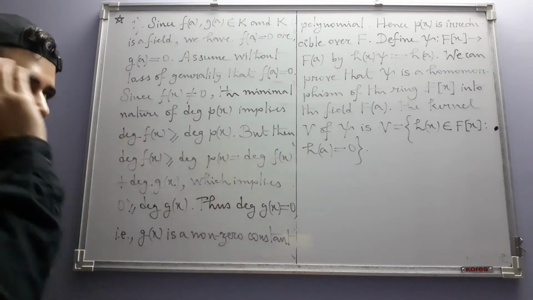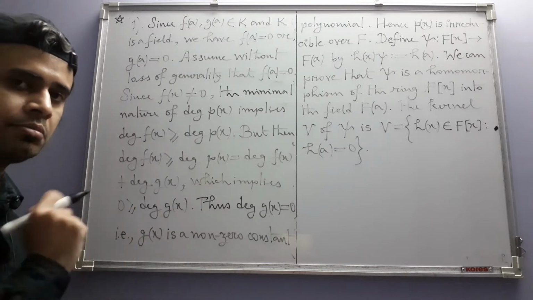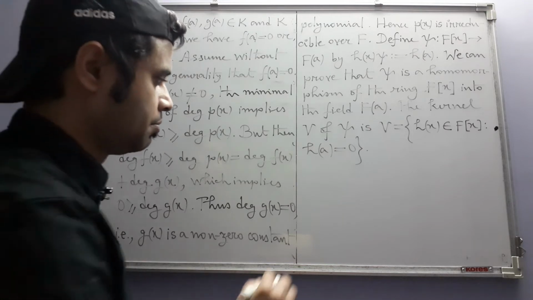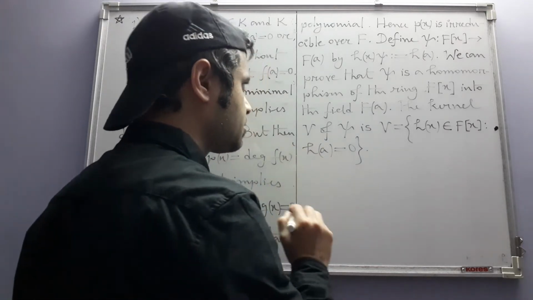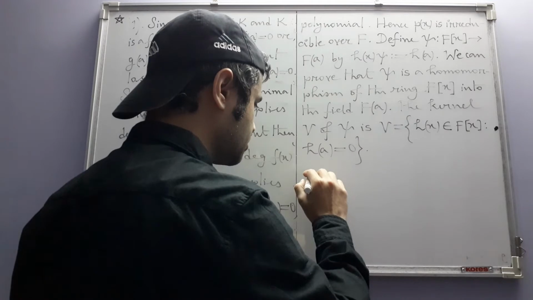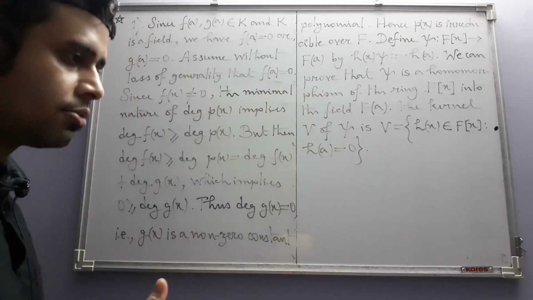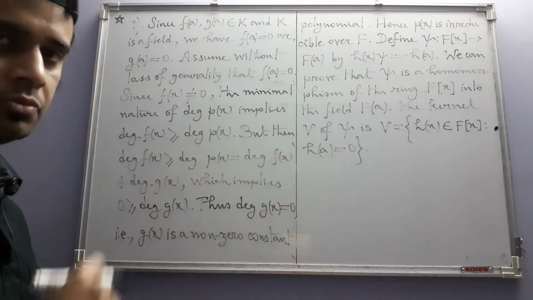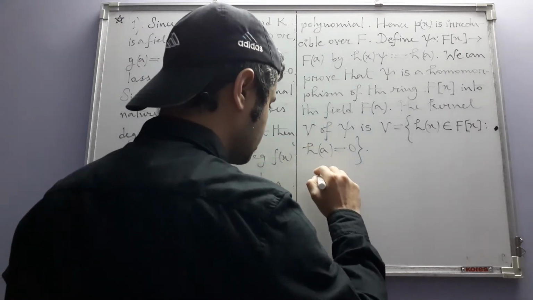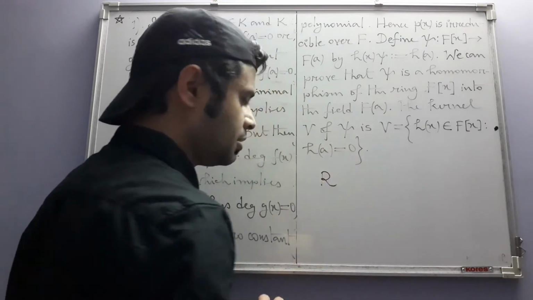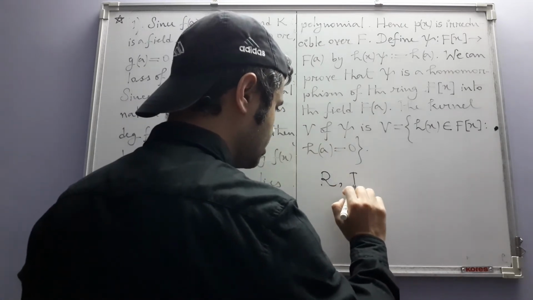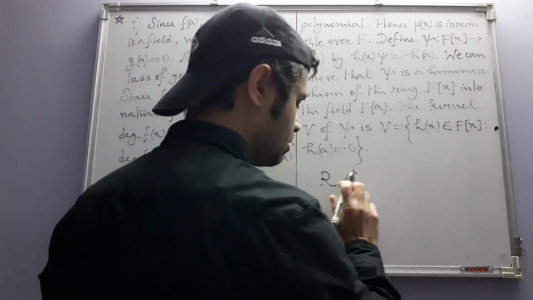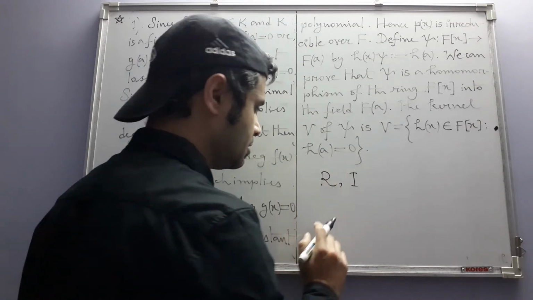Okay, so V will be generated by p(x), and we are saying these things because in the very first result in the theory of Euclidean rings, where we proved that in a Euclidean ring every ideal is a principal ideal, we in fact did the proof this way. You consider R to be a Euclidean ring and you take I to be any ideal in R, different from the zero ideal.